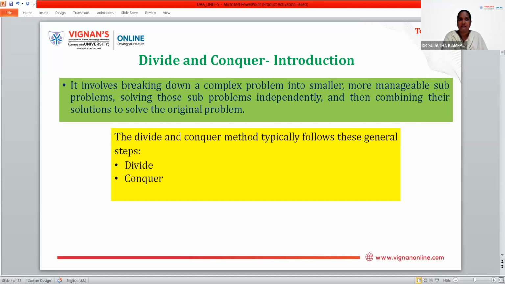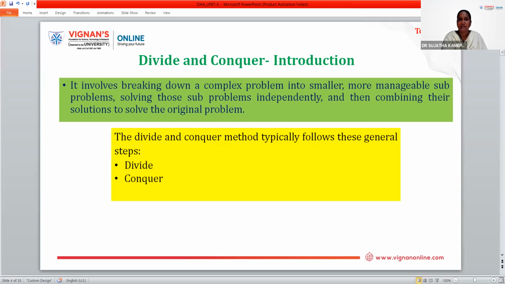So here are some general procedural steps in both dividing and conquering. What are the general steps? Coming to dividing, divide the original problem into smaller and similar subproblems.